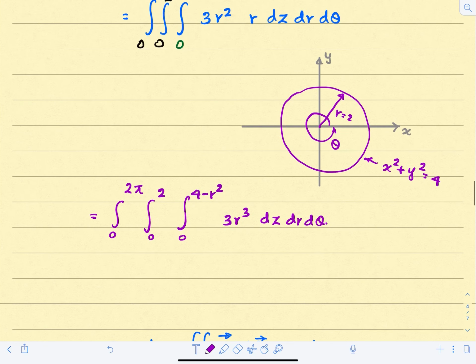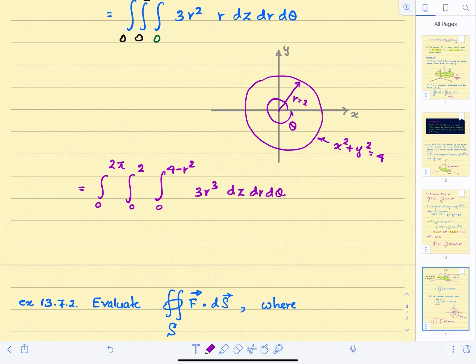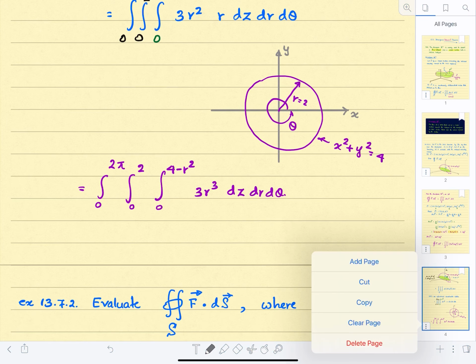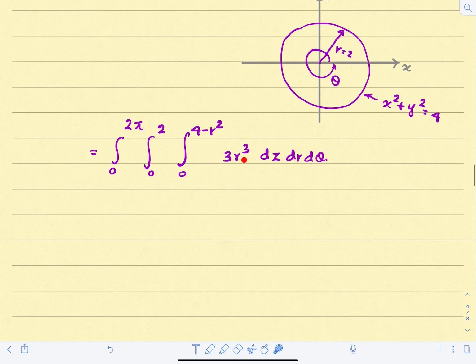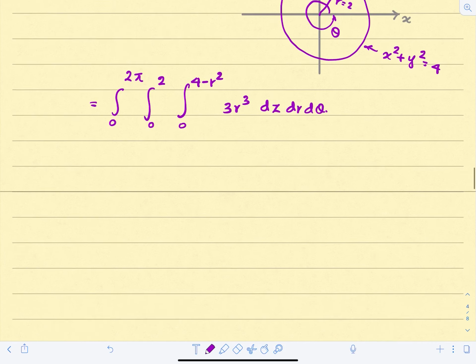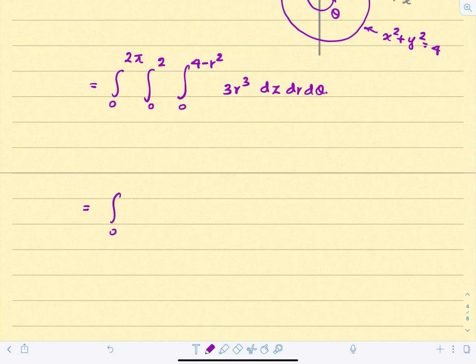Now our first variable of integration is z. So we can treat 3r cubed as a constant, and if you integrate 3r cubed, you will get 3r cubed times the variable of integration, which is z. Now the lower limit of z is 0, the upper limit is 4 minus r squared.